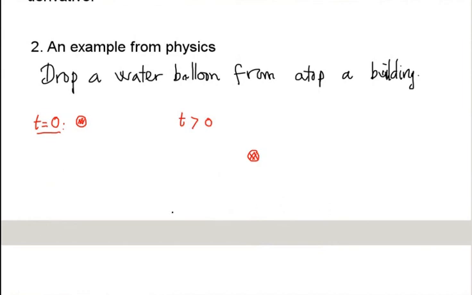First of all, the balloon is dropping down, so we're going to choose a positive direction. It's going down. This is the positive. So anything going downward is positive, and anything going upward will be negative. And then we need to look at the forces acting on the balloon at each time t.